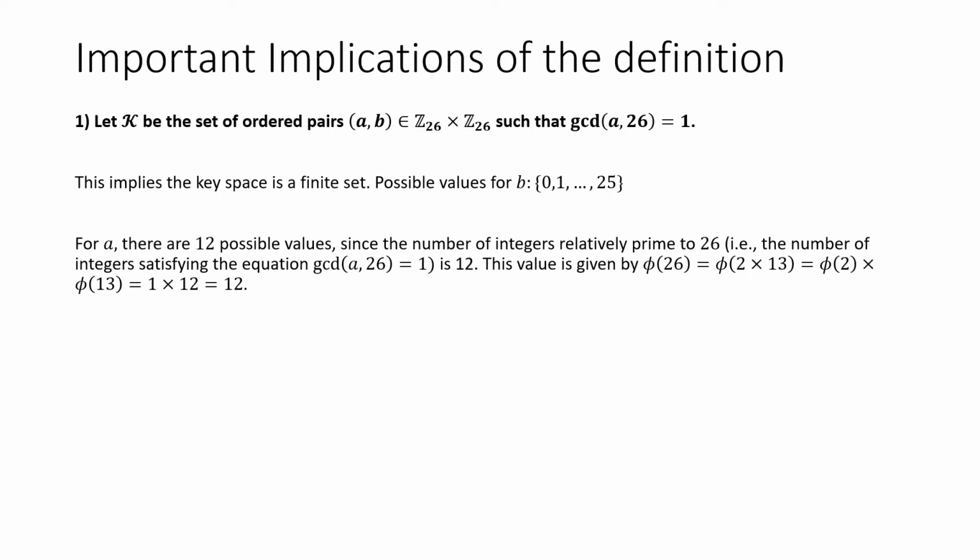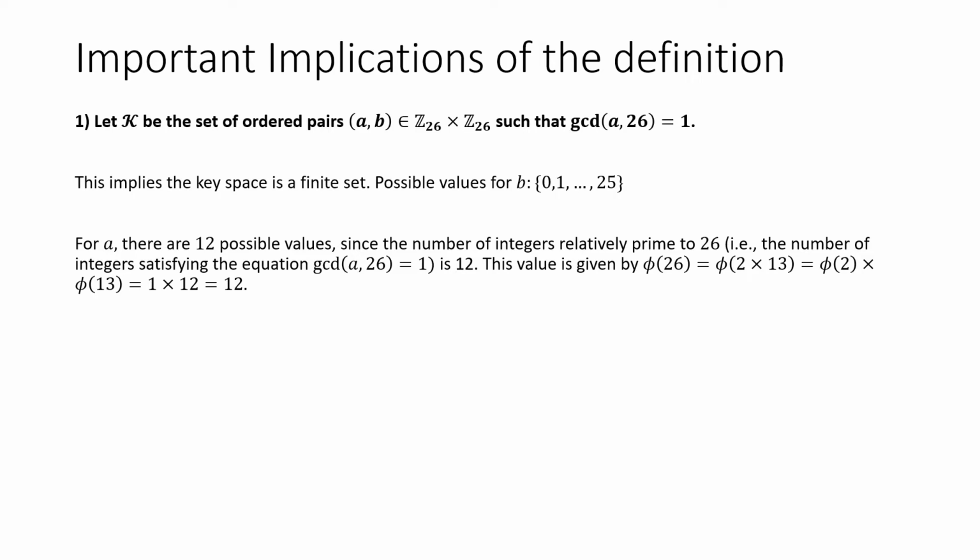So we can write 26 as 2 times 13. And if we know Euler phi function, it's a multiplicative arithmetic function. So we can just write phi of 2 times 13 as phi of 2 times phi of 13. And because 2 and 13 are both prime numbers, we can deduce the numbers that are relatively prime to them just by subtracting 1 from each of them.